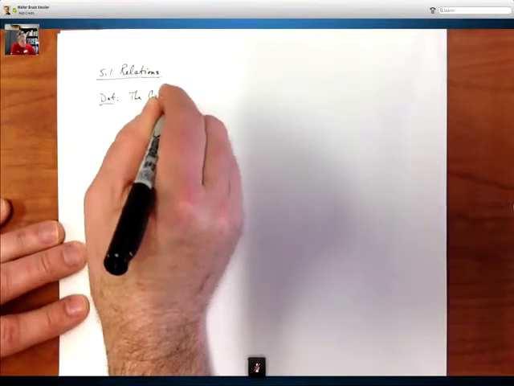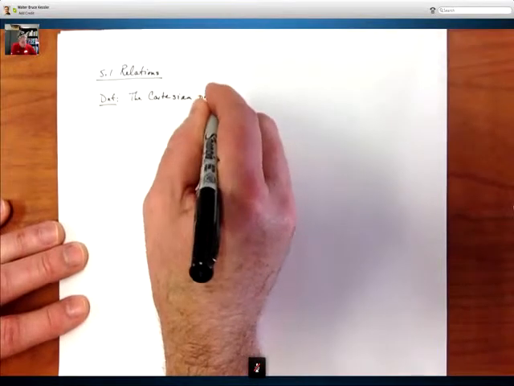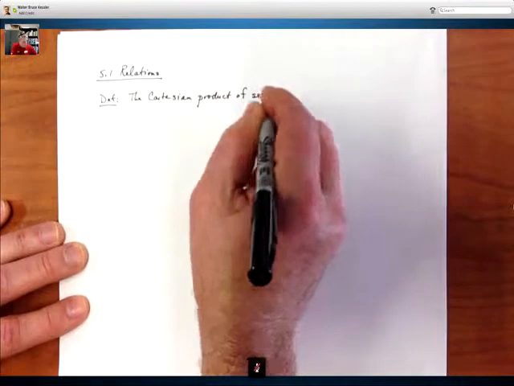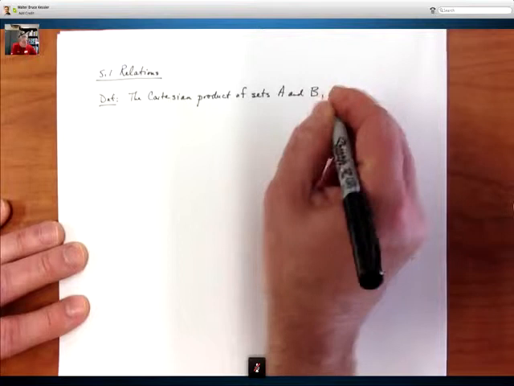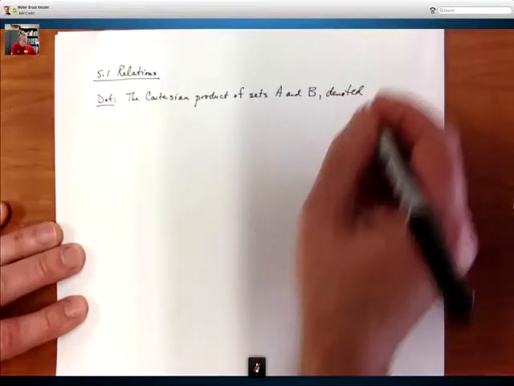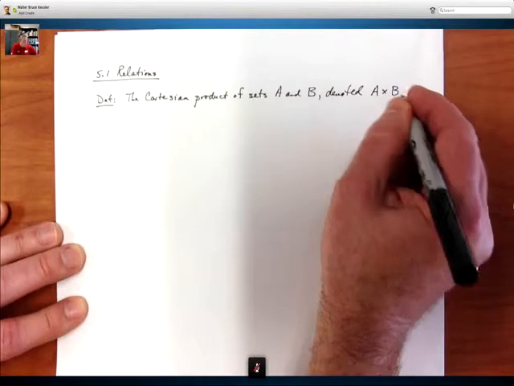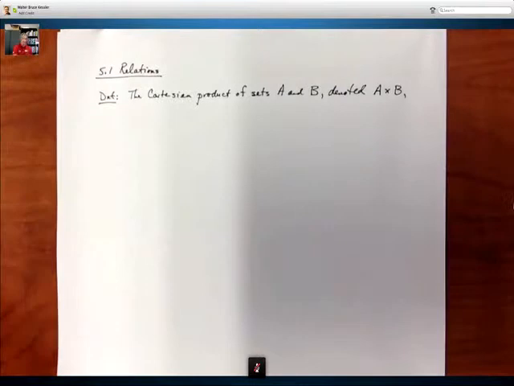The Cartesian product of sets A and B, denoted A cross B.